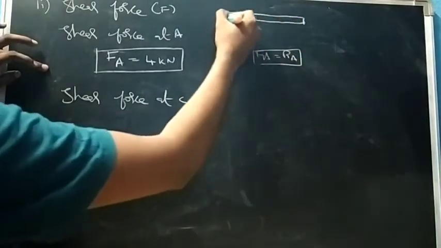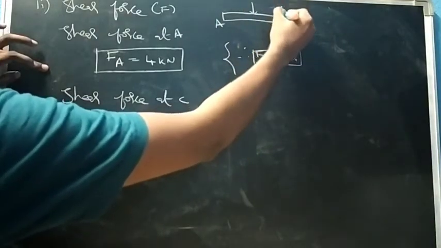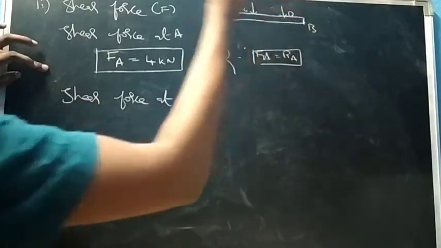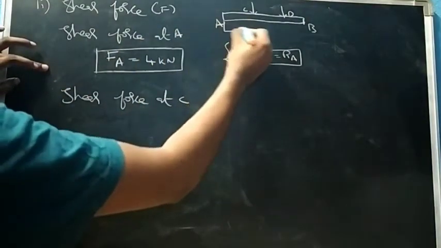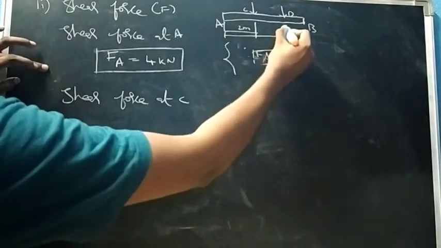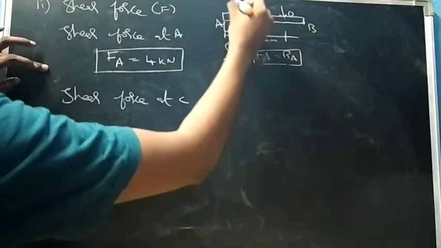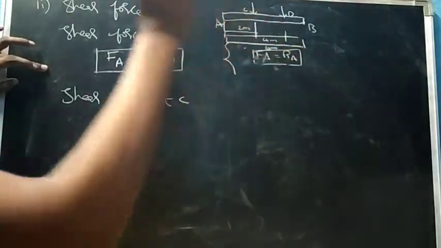This is our beam. Let's say A, B, there is a reaction here, let's say C and D. Now the length will be 2 meters, 4 meters, and the total length will be 6 meters, right?